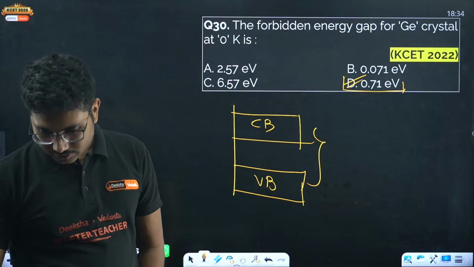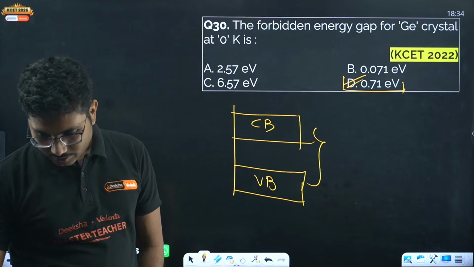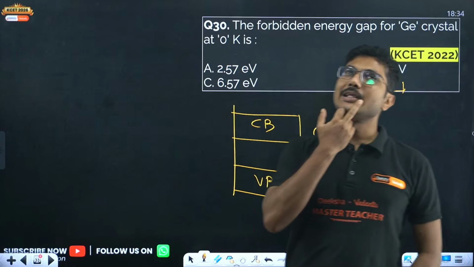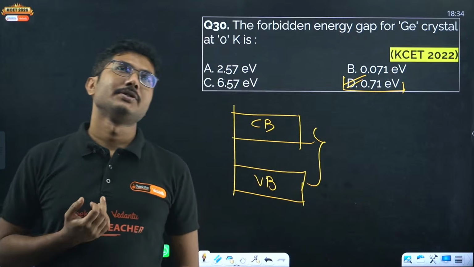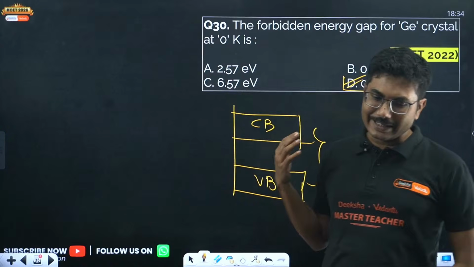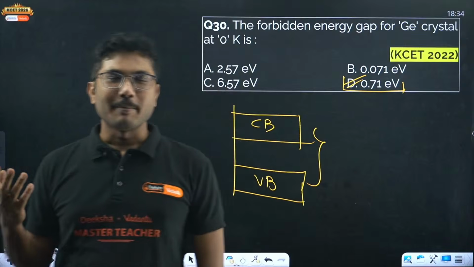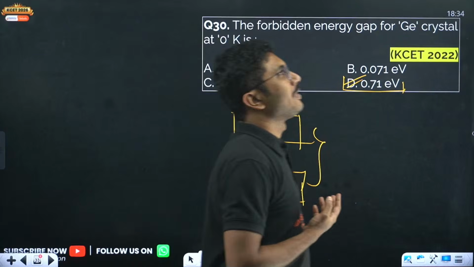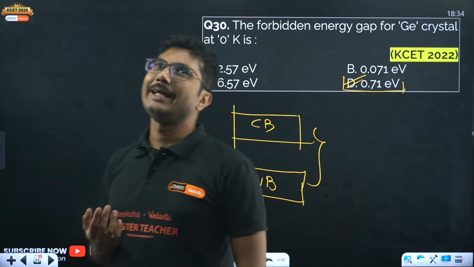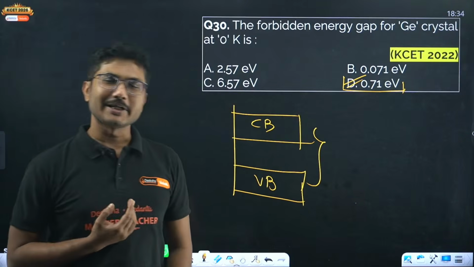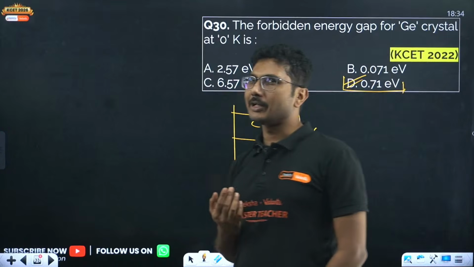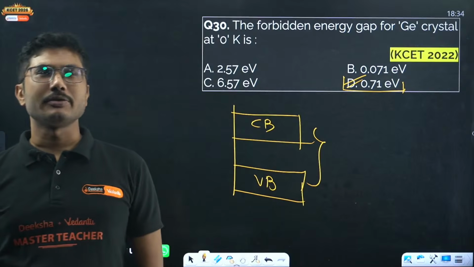Sir, what is your percentage in PU? When I gave my PU exam, my percentage was 86%, and back then 86% was very good. My mathematics was 92% or 93%, and my physics was 86%. Chemistry was also 90%.